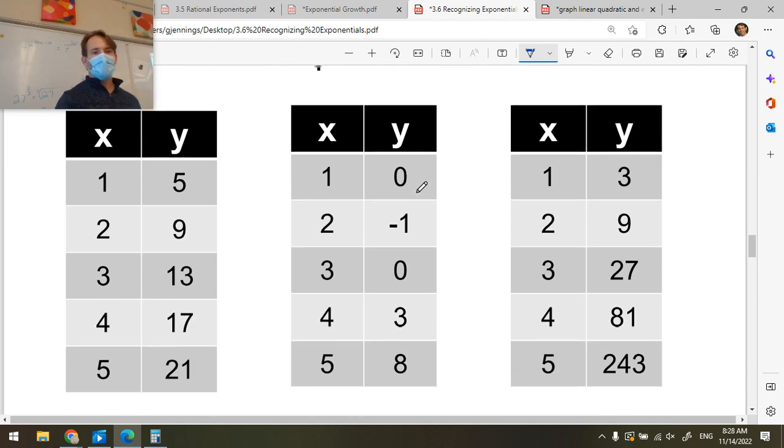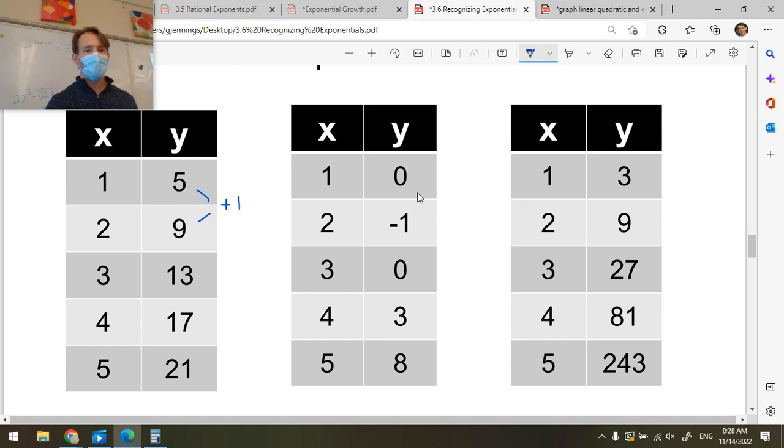If we apply our analysis skills on tables here, I would notice that my first difference grows by 4 to go from 5 to 9. To go from 9 to 13, it grows by 4 again. To go from 13 to 17, it grows by 4. And to grow from 17 to 21, it grows by 4.